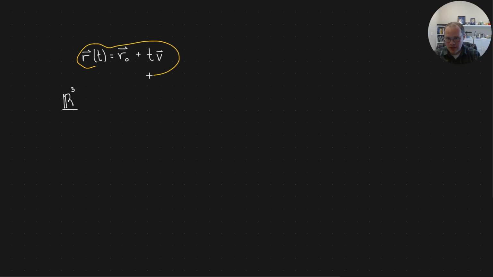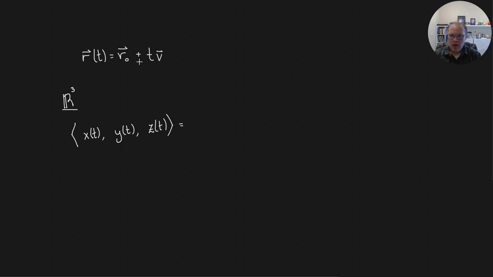The output of this function, the r(t), is going to be a three-dimensional vector, right? A three-dimensional vector that points from the origin to a point. So I can rewrite this r(t). Notice it's got the arrow above it, indicating it is a vector. I can write it as a vector with, in this case, 3 components. You could almost think of this as 3 separate functions: x(t), y(t), z(t).